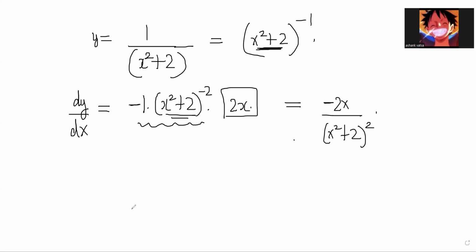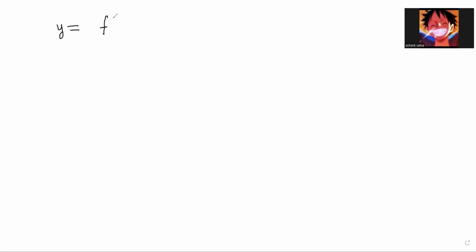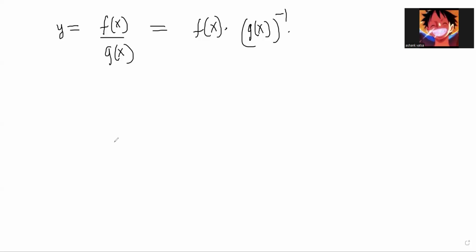So now that you know how we did this, quotient rule should be obvious to you because quotient rule is fx by gx, right? Think of it as fx times gx power minus 1, right? So derivative of this, we'll apply two rules. We'll apply product rule and we'll apply chain rule.